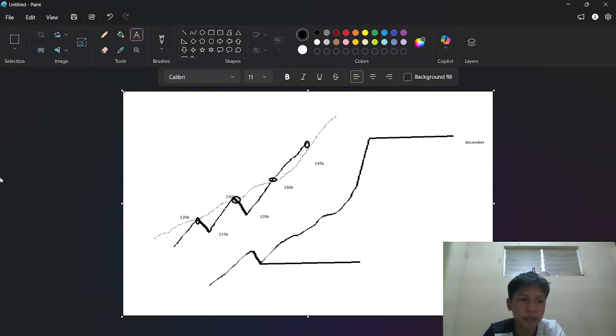Yes, 200k at its peak. Then back in January this may decrease further, but it will continue to rise depending on the market condition.